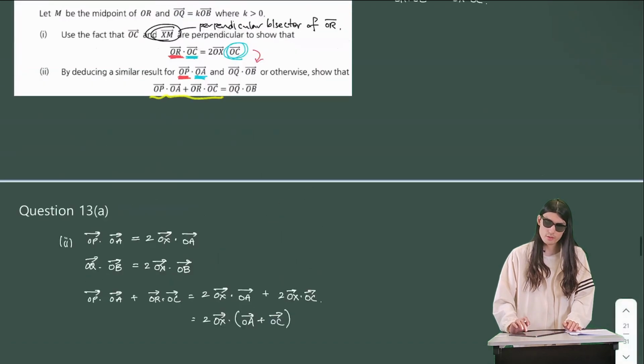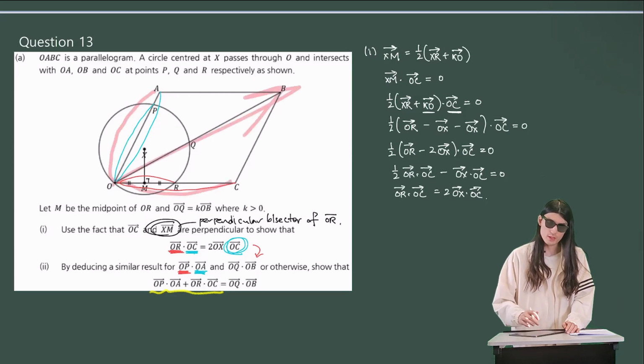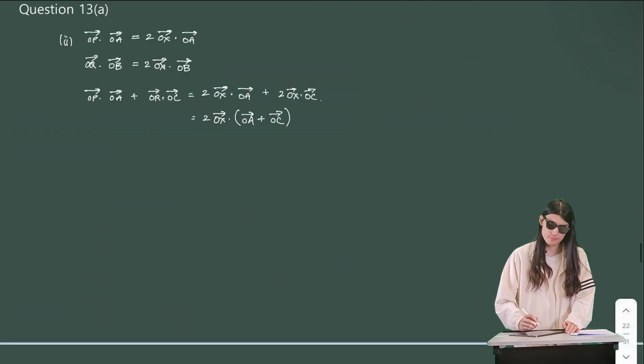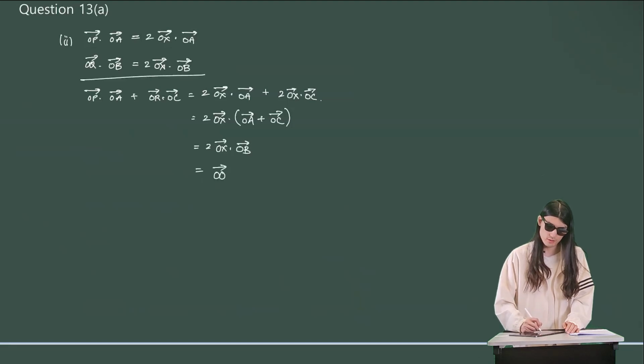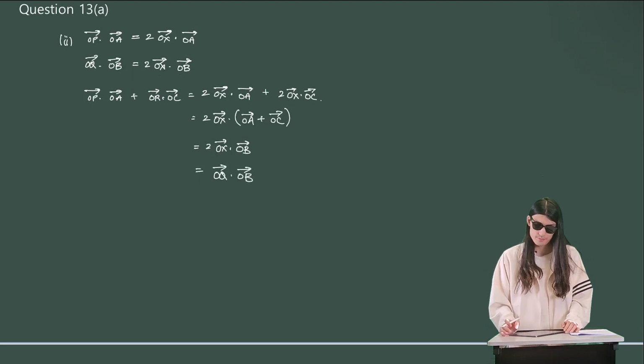And OA plus OC, if you look in your parallelogram, is the diagonal OB, isn't it? So 2 times OX dot OB, which we deduced is equal to OQ dot OB. And that is the end of that question.